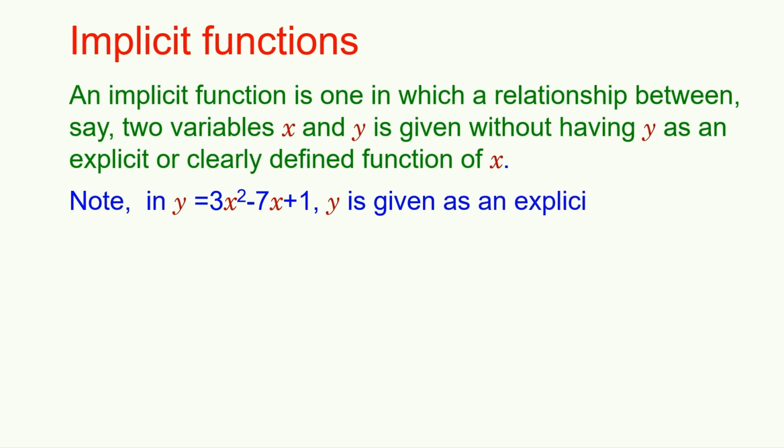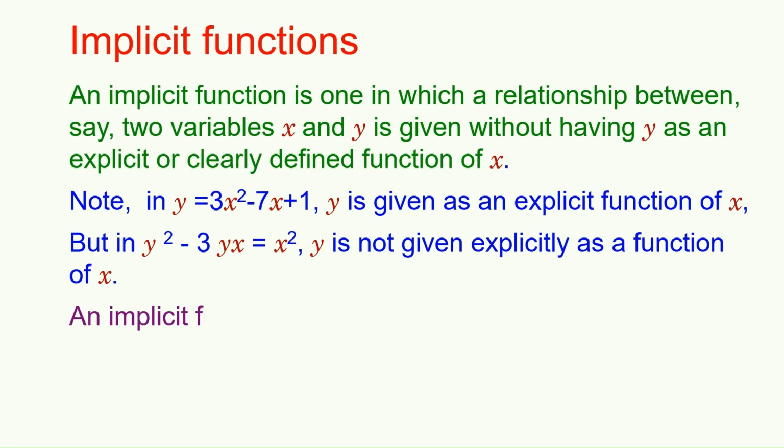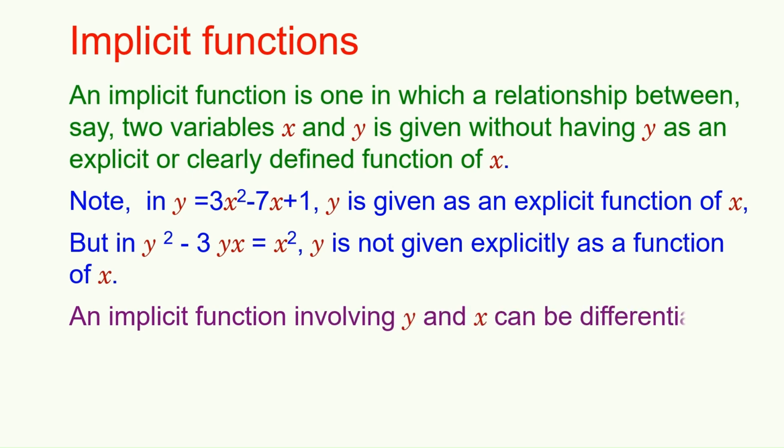Note, in y equals 3x squared minus 7x plus 1, y is given as an explicit function of x. But in y squared minus 3yx equals x squared, y is not given explicitly as a function of x. An implicit function involving y and x can be differentiated with respect to x as it stands.